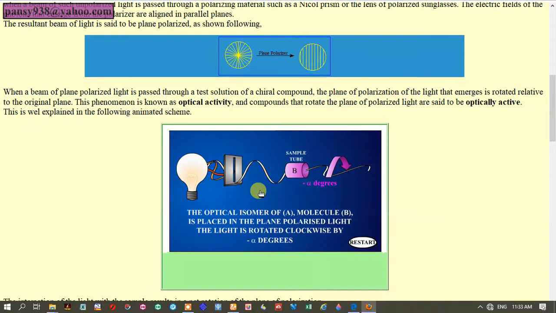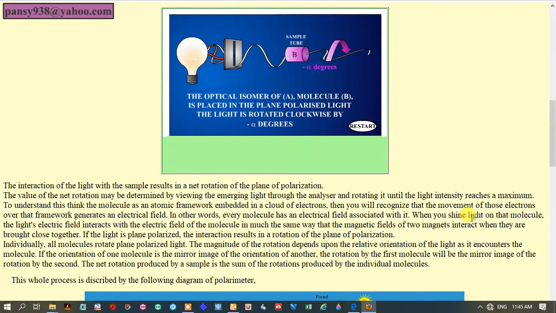It means that both the compounds are different from each other because both are rotating the light in a different way. This shows that both of the molecules have different optical properties. Hence, there is some difference between them.